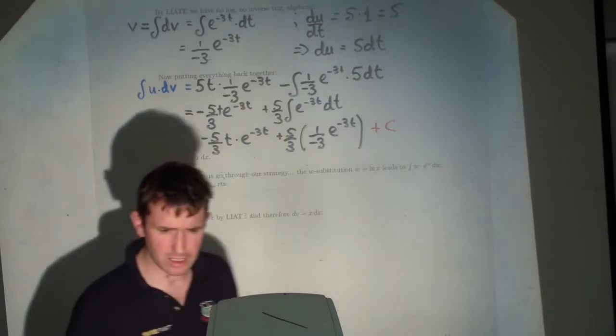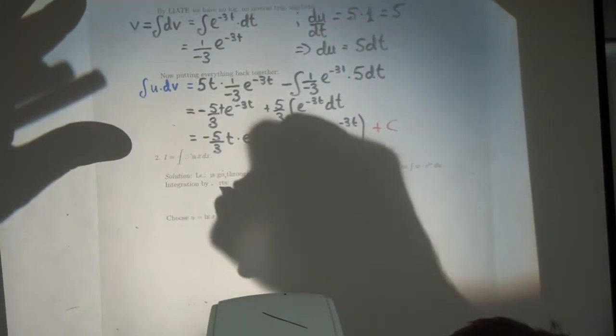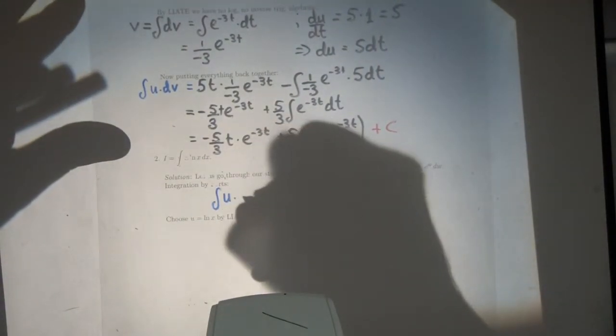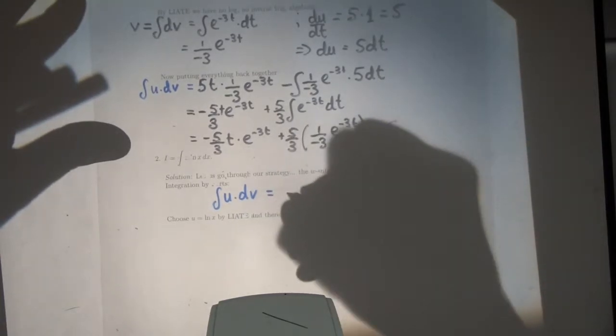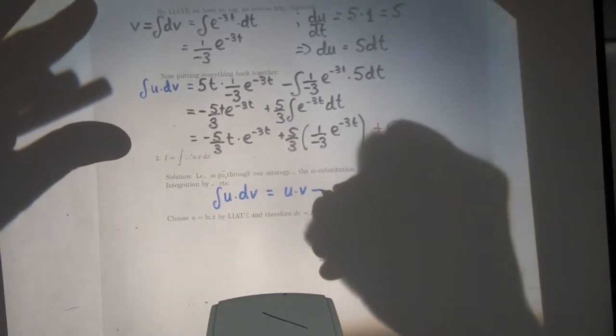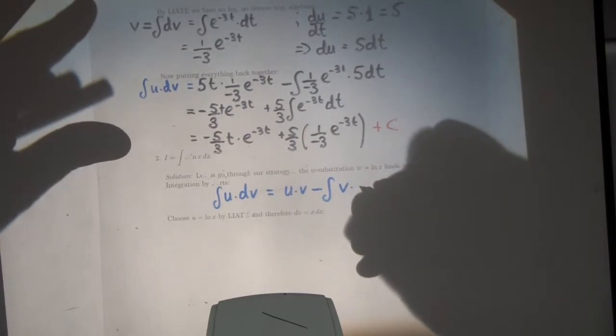So again, I recommend you write down the formula: the integral of u dv equals u times v minus the integral of v du.